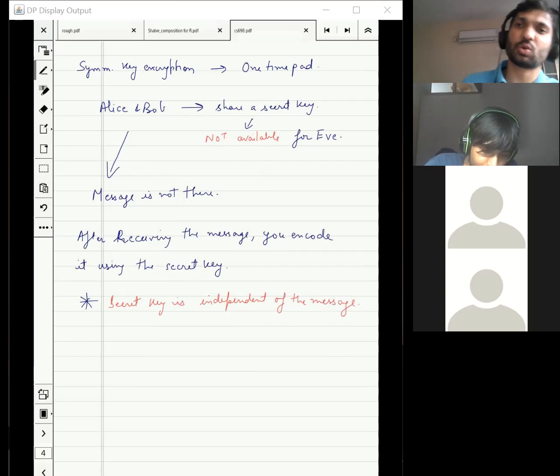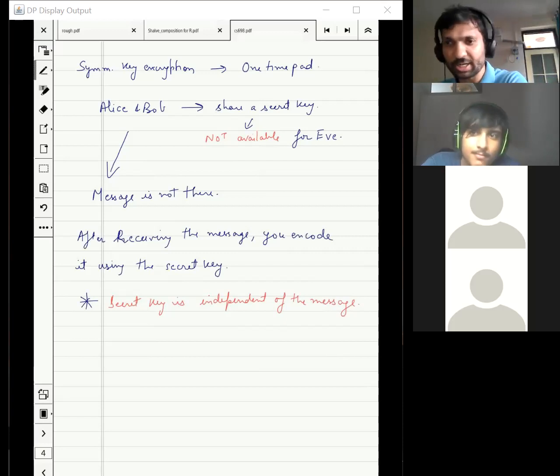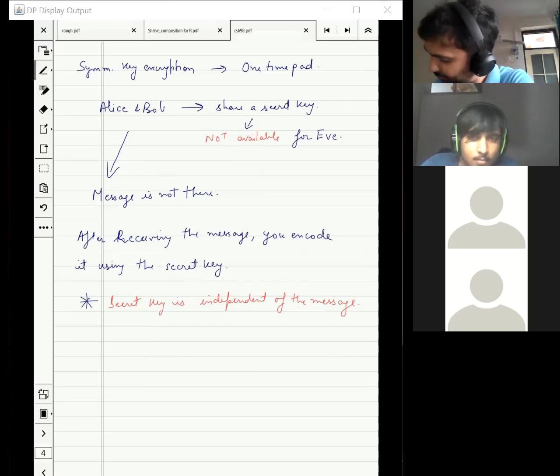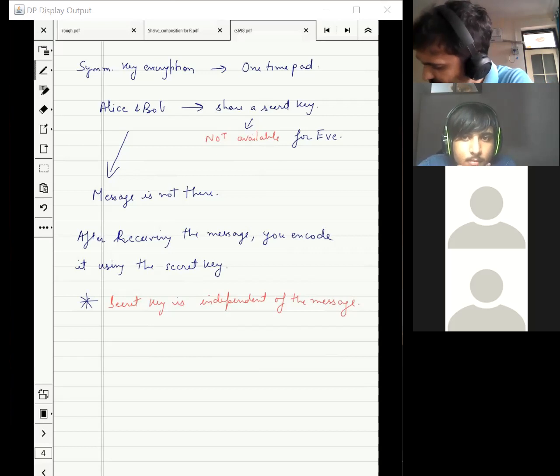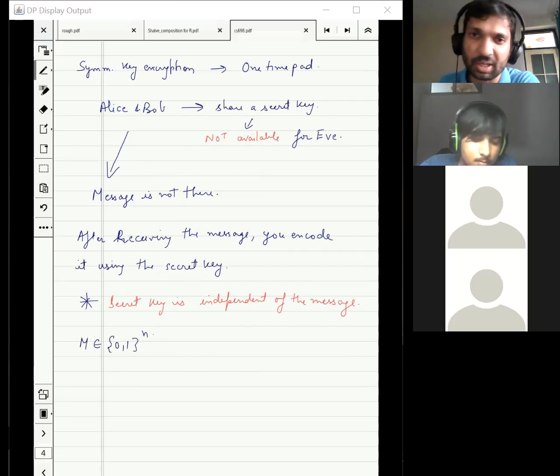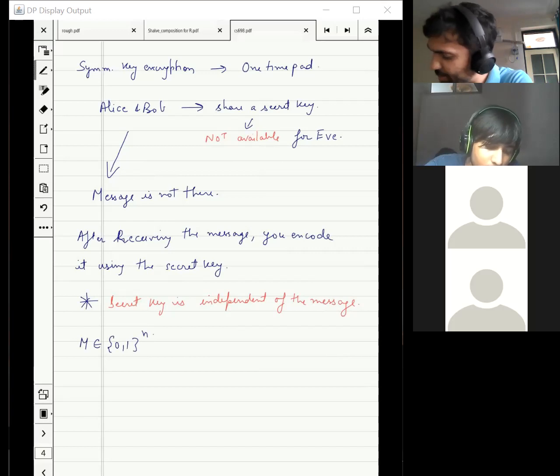Now let's look at the protocol. Let's look at how Boolean functions are going to be helpful. We can, without loss of generality, assume that our message is a string in {0,1}^n. We are going to send it by computer, and a computer encodes everything as 0,1 strings. So even my message is going to be some string in {0,1}^n.